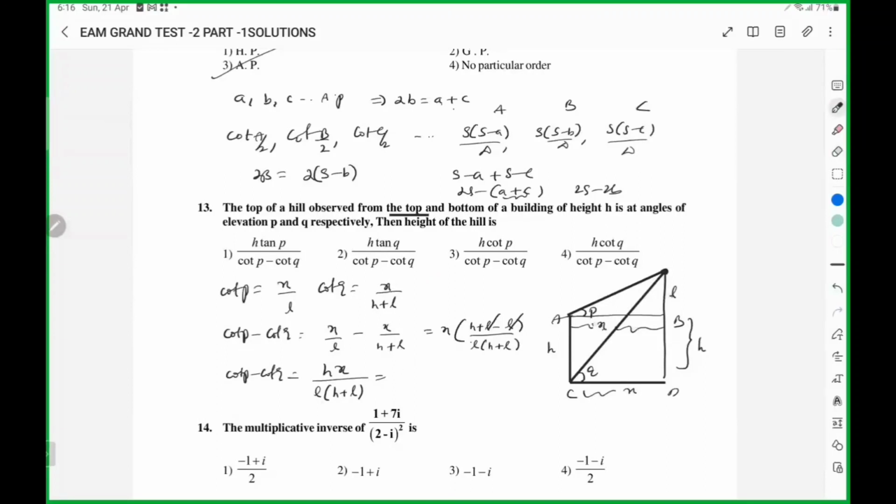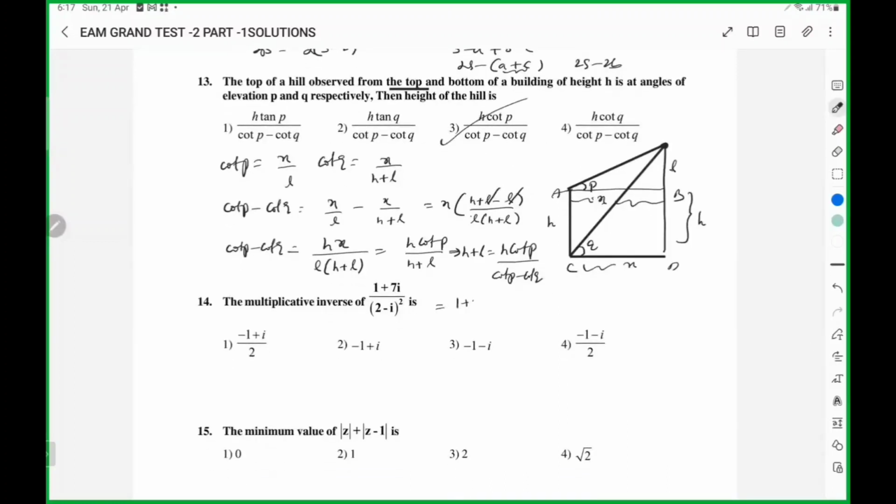X by L will be H cot P by H plus L. So that means H plus L will be H cot P by cot P minus cot Q, which is the height of the hill.